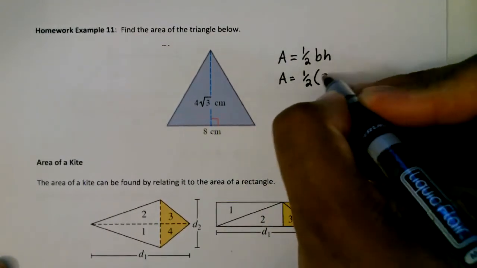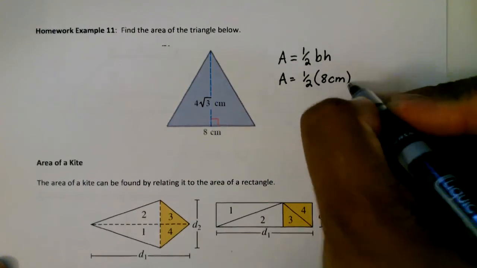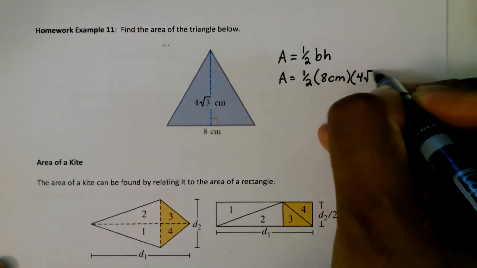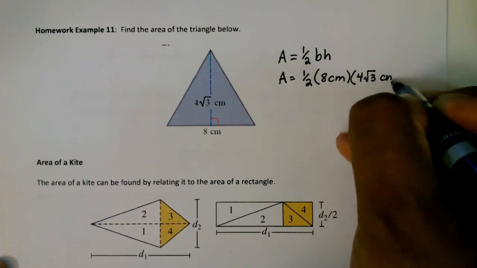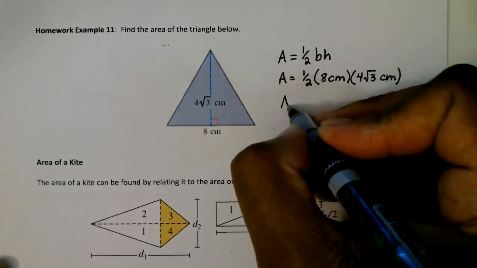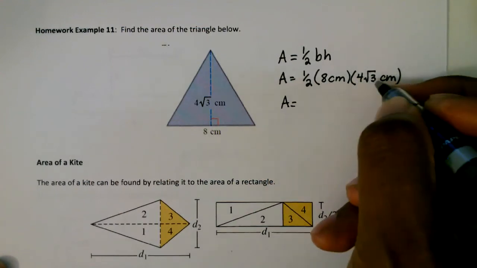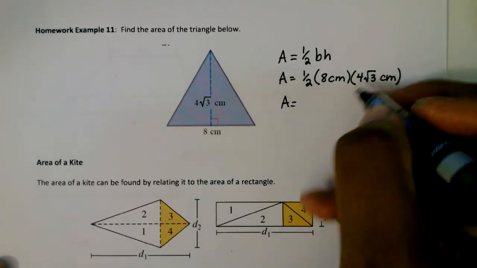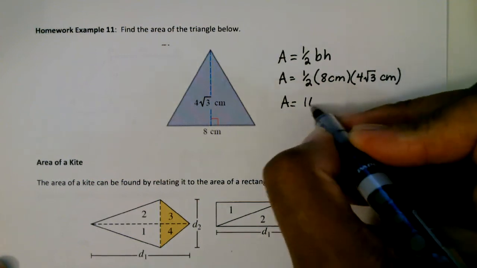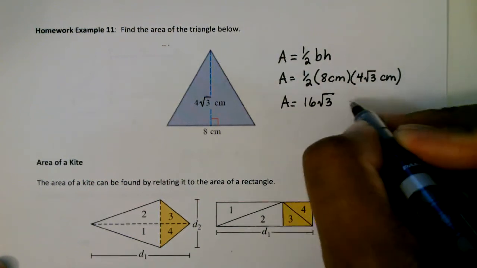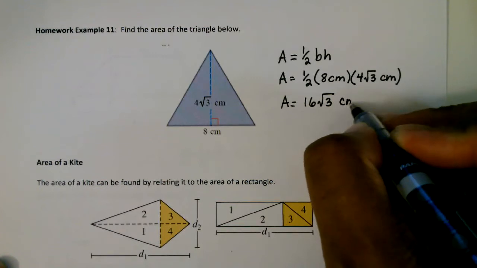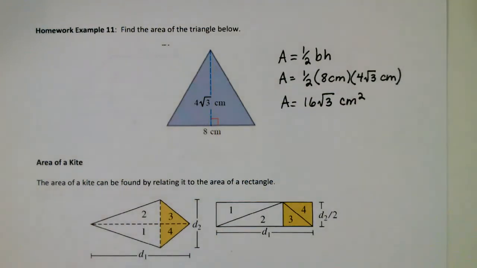So this will be 1/2 times 8 centimeters times 4 square roots of 3 centimeters. Half of 8 is 4, and 4 times 4 is 16, and then square root of 3. This will be in square centimeters.